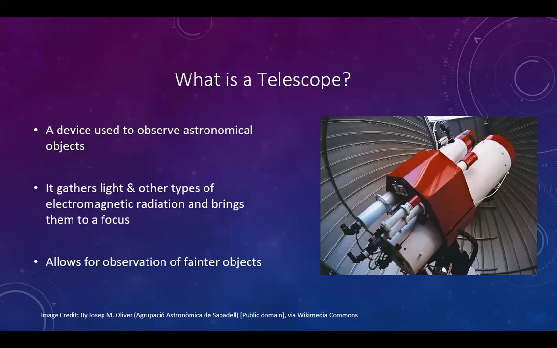Now, that's its use in astronomy. It has other uses, like it makes images look closer. So it provides magnification. That's more what you would use it for if you're looking for things on land. It makes distant things look closer.